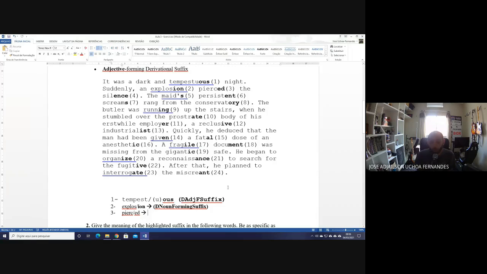You probably thought it was verb forming because of the final ed, and you know that final ed is related to verbs. Only verbs have a final ed, but in this case, pierce is a verb, and pierced is also a verb. The changing meaning we saw was not drastic, just verb tense changed.